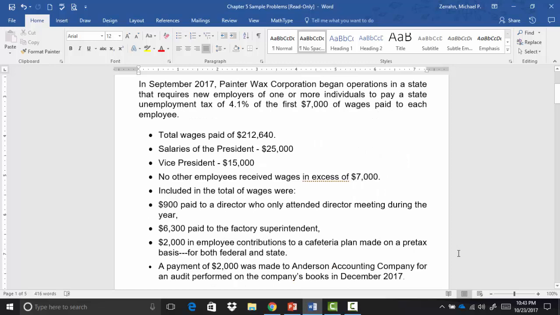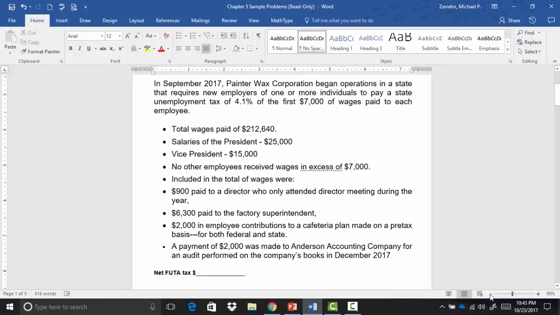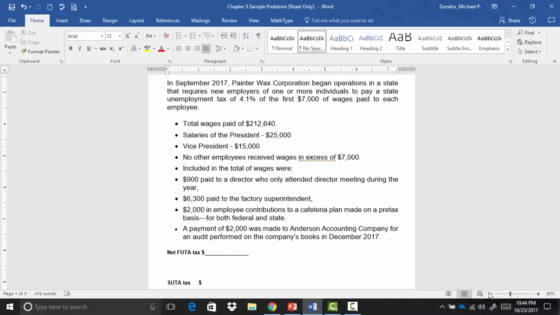Let's shrink this down a little bit so you can see it. In September 2017, Payroll Ch company began operations in a state that requires new employers of one or more individuals to pay a state unemployment tax of 4.1% on the first $7,000 of wages paid to each employee. And then here's our information: total wages paid, salaries of the president and the vice president.